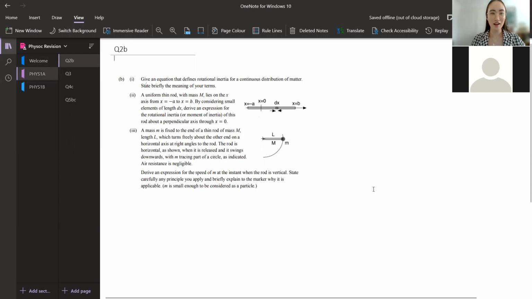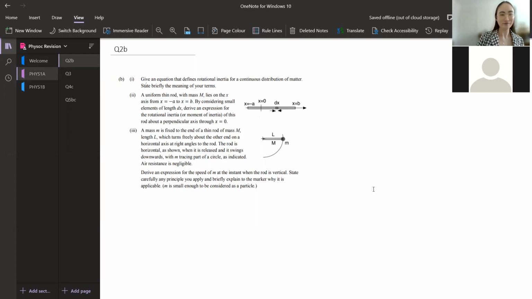Anyway, I have here question 2B for that paper, the 2019 term 1 paper. 2B is a rotational inertia one, which is pretty notoriously interesting, let's say, in terms of learning that concept in PHYS1A.